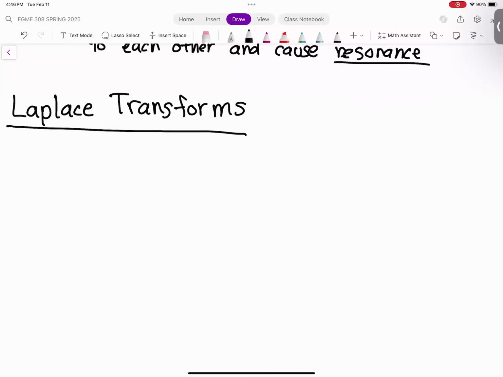Like I mentioned at the beginning of class today, up until this point in the class, a lot of this has probably been review for a lot of you. Hopefully it's been a lot of review. It seems like it has, just looking at your homeworks. But Laplace transforms, I think, is probably the first time that you're going to learn something that's completely new.